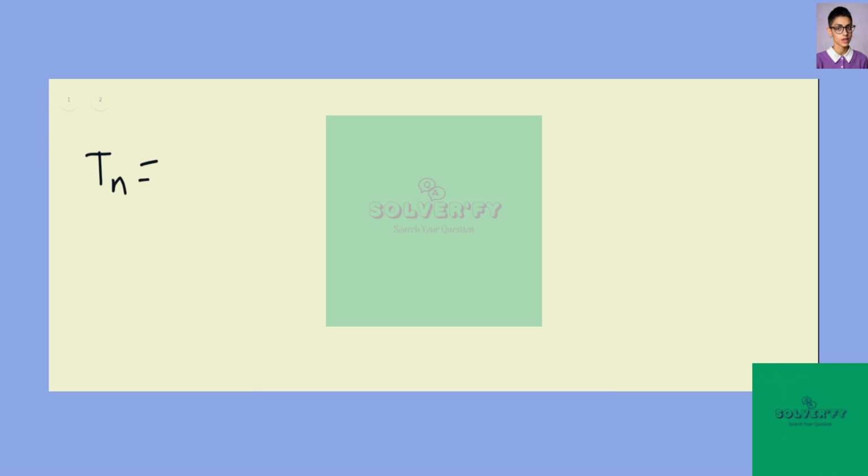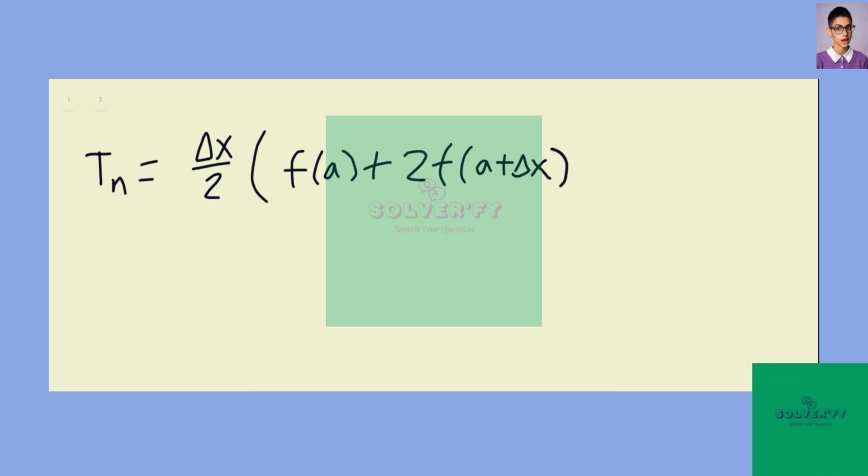So a trapezoid approximation is delta x over 2 times f of a plus 2 times f of a plus delta x plus 2 times all the other mid-interior points, plus f of b.